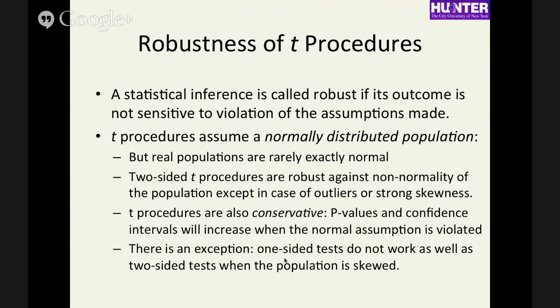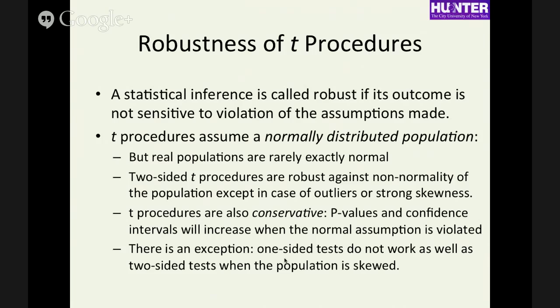And by robust, I mean that it will not cause you to make more type 1 errors. If your assumptions are violated, your power can go down, but you won't make more type 1 errors. So if you set alpha equals 0.05 and you have a non-normally distributed population, you're still not going to be more than 5% probable to reject the null hypothesis.